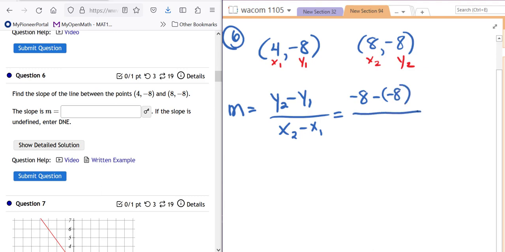And down here, I get 8 minus 4. We'll do that one first, it's easier. Minus a negative is going to turn that into plus, and this gives us a 0 on the numerator. 0 divided by anything gives us 0. And this is from a horizontal line. A horizontal line has a 0 slope.